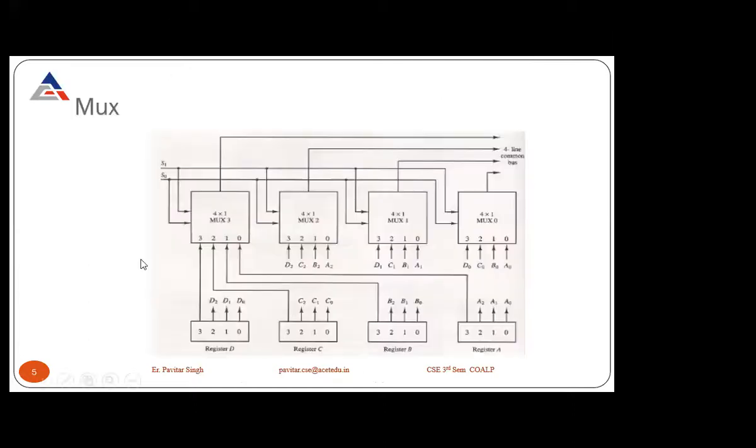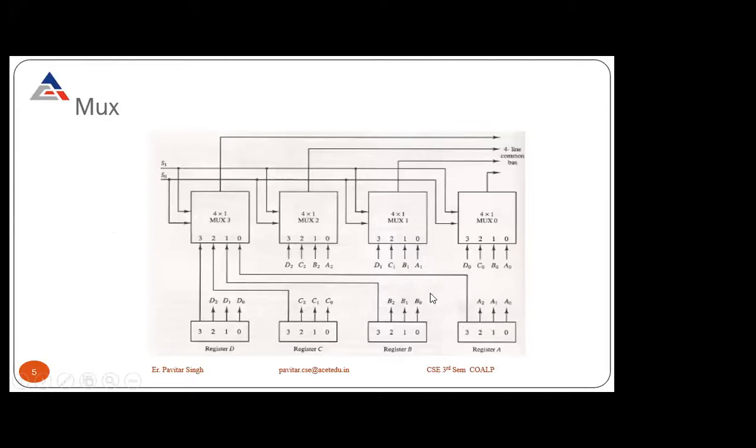So this is the diagram for MUX, multiplexers. Register A, register B, register C, register D. All registers are of 4 bits each.